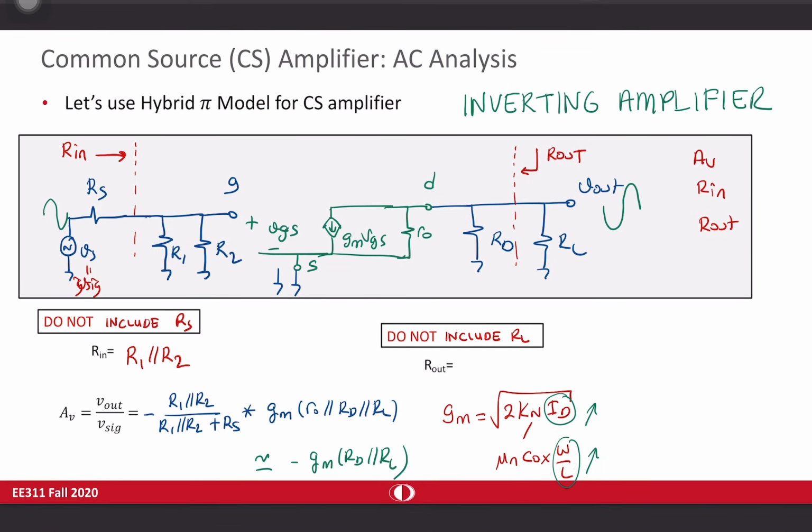And the last thing that we have to find is the output resistance. For finding the output resistance, you are again excluding the RL in here. There's an algorithm that you should apply. For Rout, kill all the independent sources.